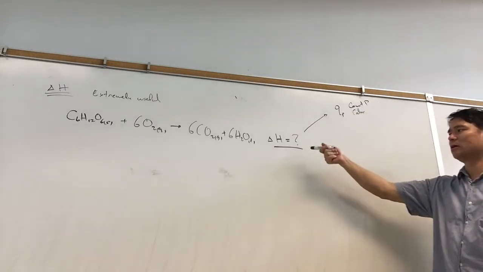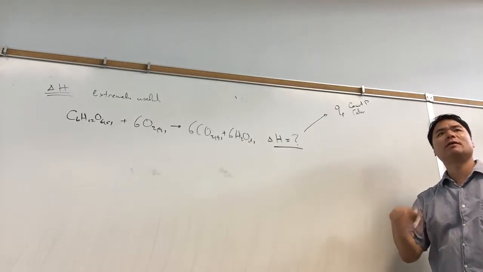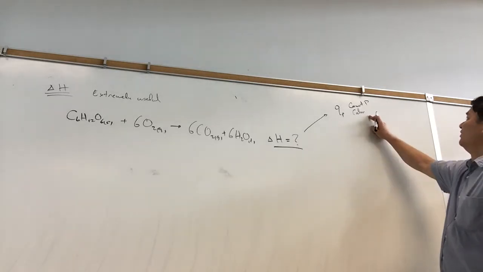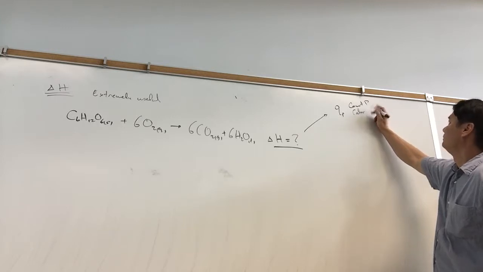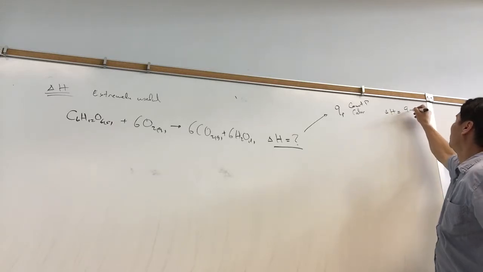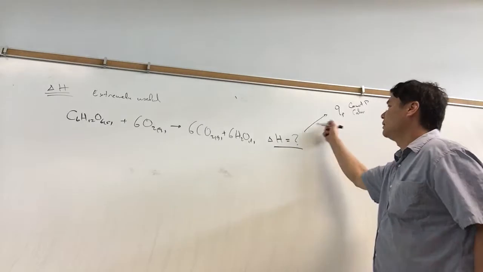You probably don't want to use a styrofoam cup, but you burn it in a cup or something in the open lab and figure out how much heat is released. You've got to capture that heat some way. But constant pressure calorimetry for combustion reactions is inconvenient because it's hard to contain that combustion reaction. But anyway, this would be the most direct because delta H is just equal to QP divided by the amount in moles. So that's one way we could get delta H.